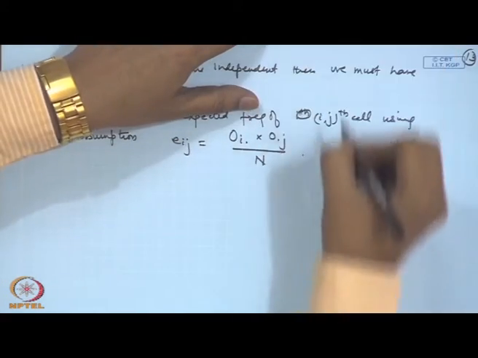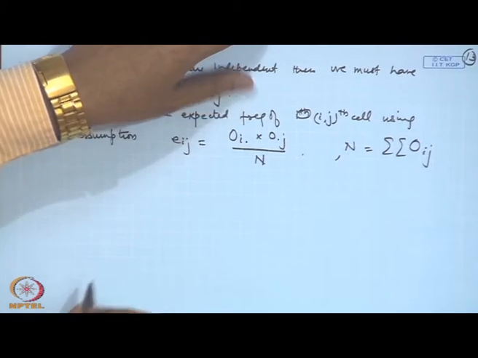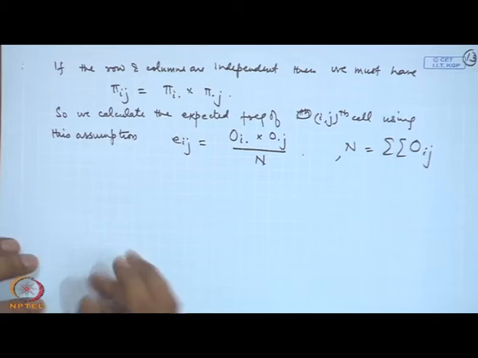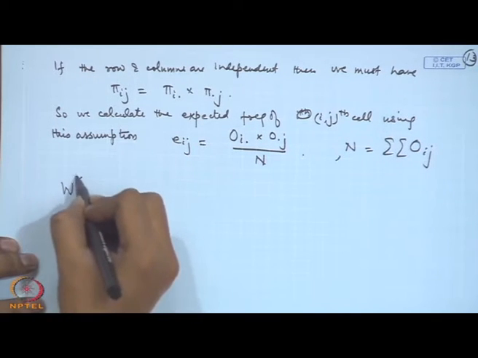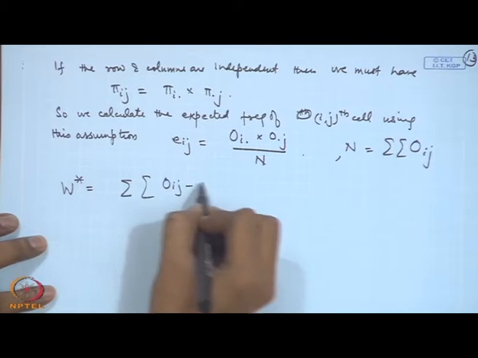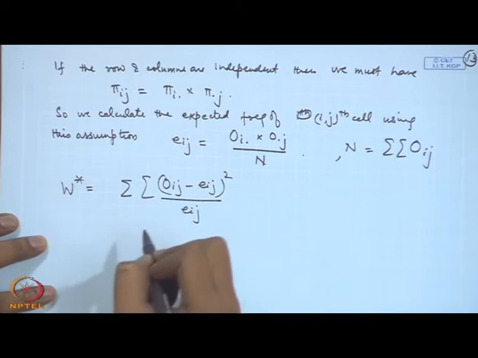Here capital N is the sum of all the frequencies. If I use this, then let us call W star equal to double summation of Oij minus Eij square divided by Eij.